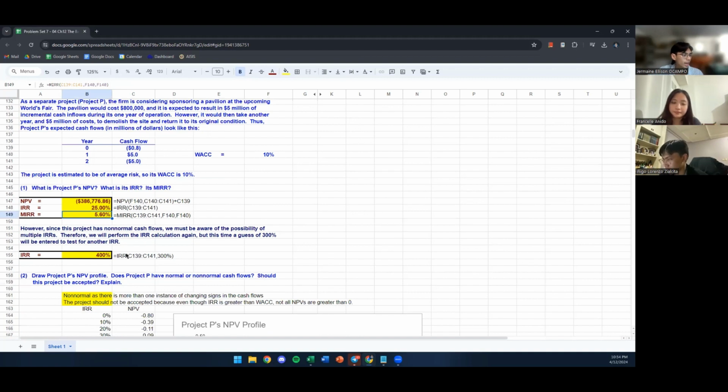Next, we were asked to find the IRR with a guess of 300,000. Thus, we computed the IRR again using the Excel formula, using the cash flows that were given and the guess of 300,000, which gives us an IRR of 400,000.